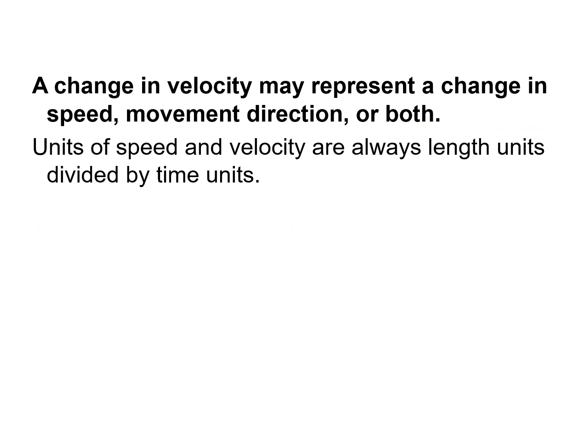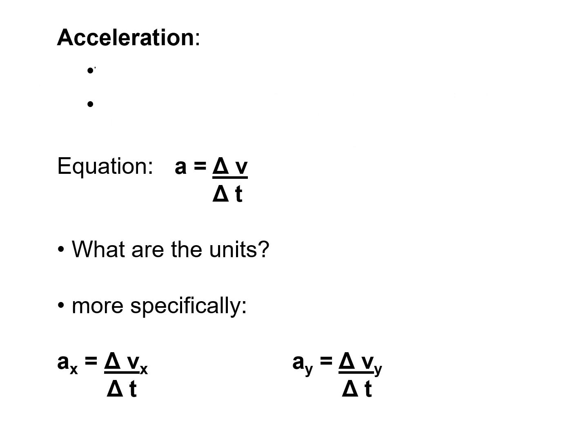So a change in velocity may represent a change in speed, movement direction, or both. Units of speed and velocity are always length units divided by time units. So since we looked at a change in velocity, we have a new kinematic concept, and that is acceleration. Acceleration is the rate of change of velocity, okay? Because velocity is a vector, acceleration is also a vector.